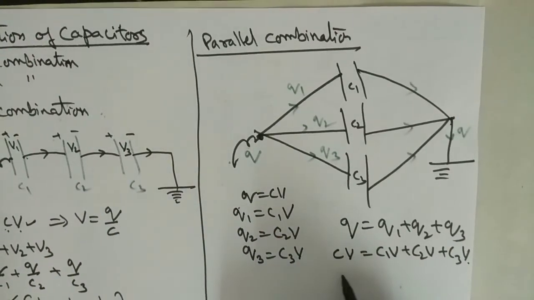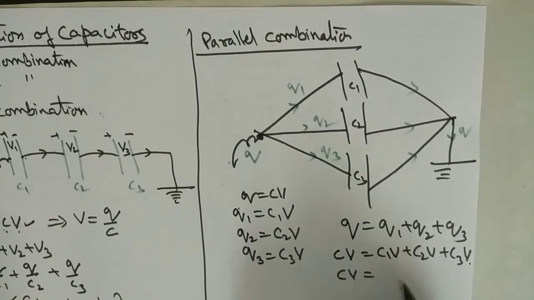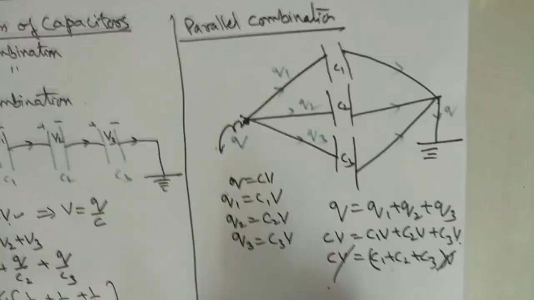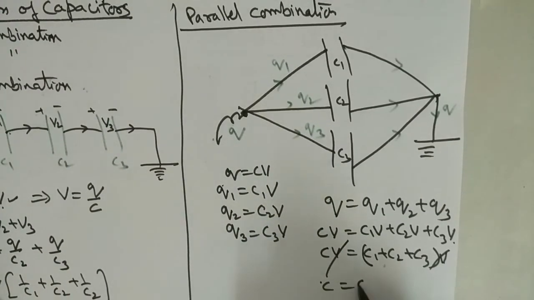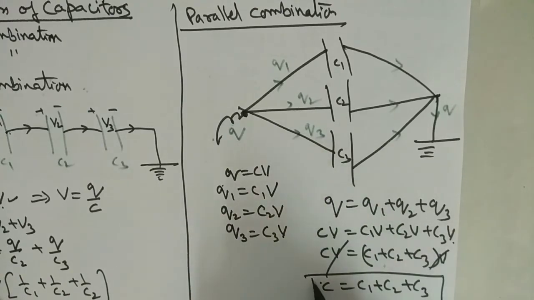So now CV is equal to C1 plus C2 plus C3 times V. Take the common V, V is cancelled. So the resultant we find here, C is equal to C1 plus C2 plus C3. So this is the resultant capacitance in the parallel combination of the three capacitors.